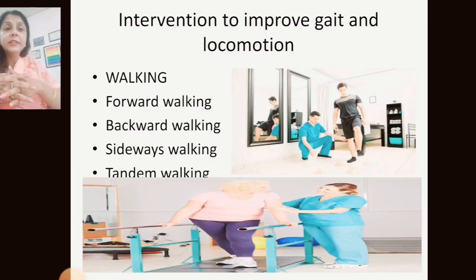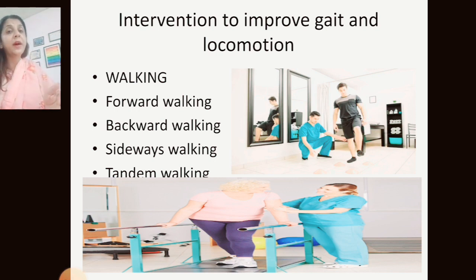There are different exercises for training locomotion as well. We ask the patient to move forward, initially with forward walking, then backward walking, then sideways walking, then tandem walking to complicate the task.